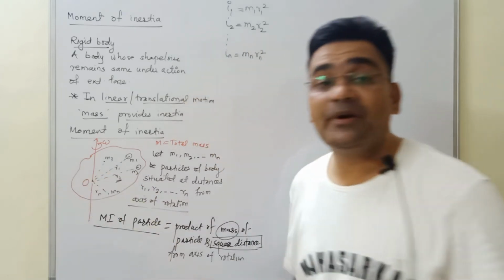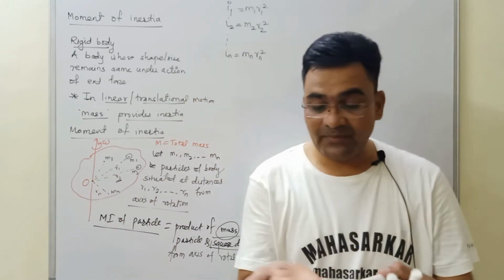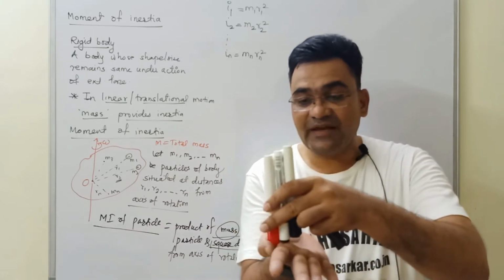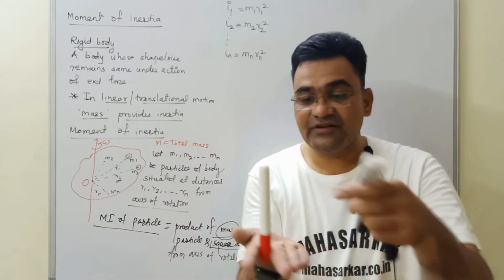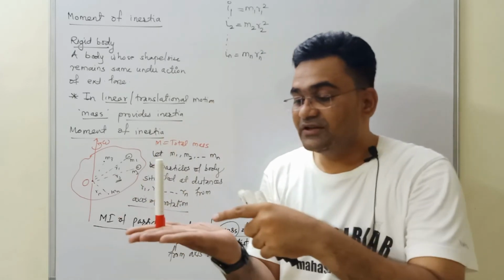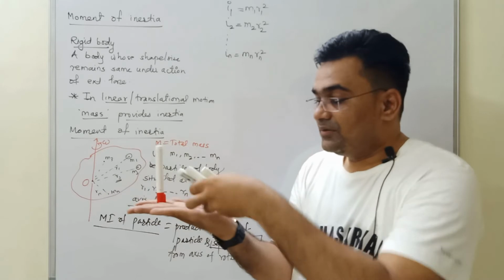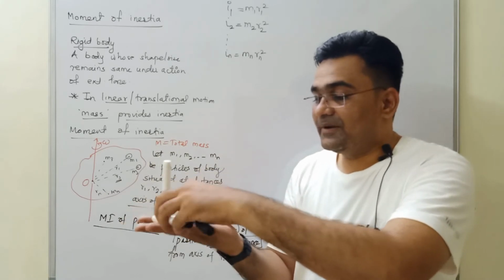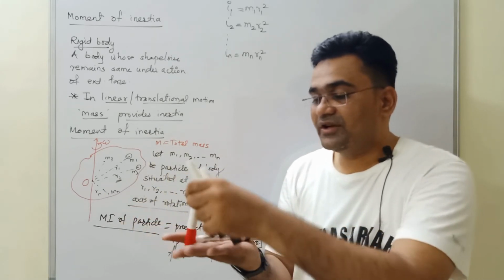All the distances are perpendicular. For example, if I consider this marker as the axis of rotation and my hand is going to rotate around this, then all the distances are perpendicular. This is another marker. These are particles situated there.